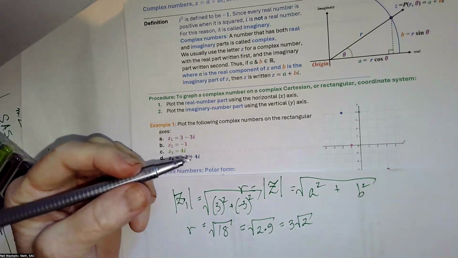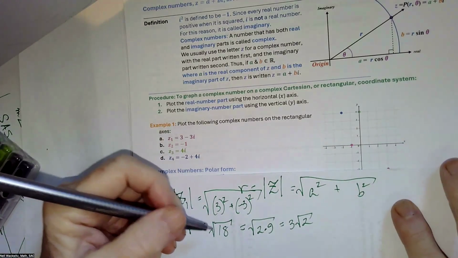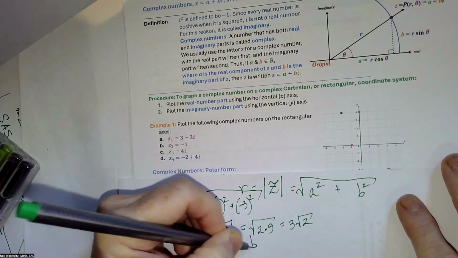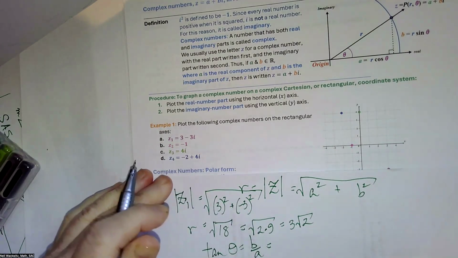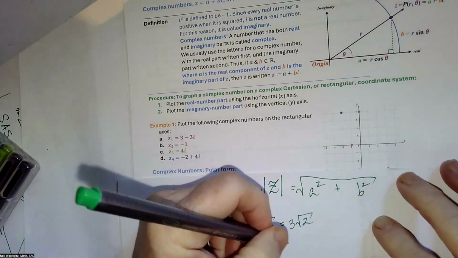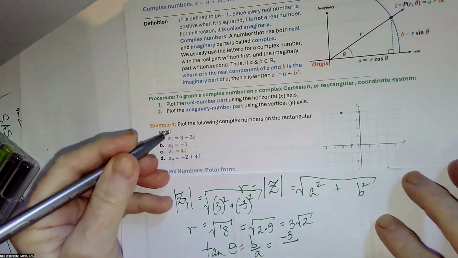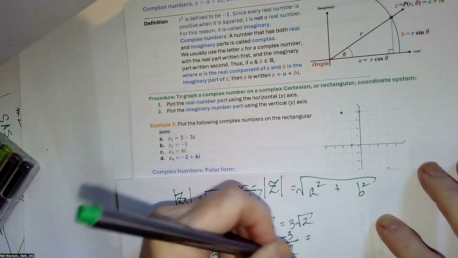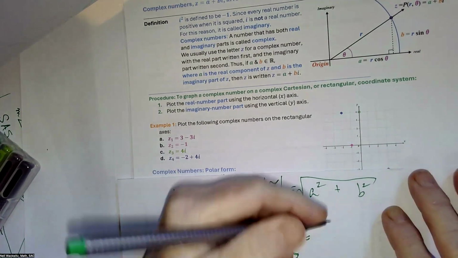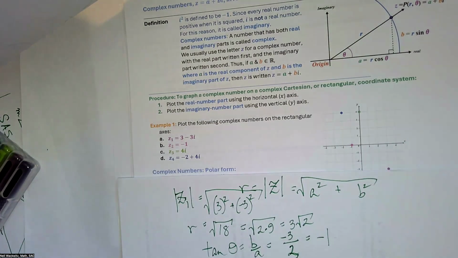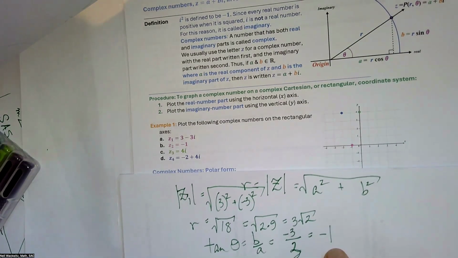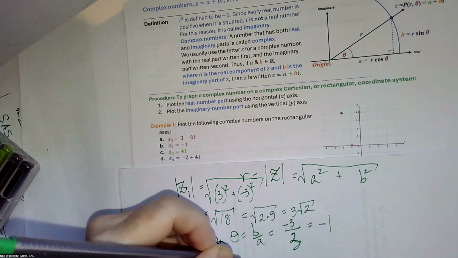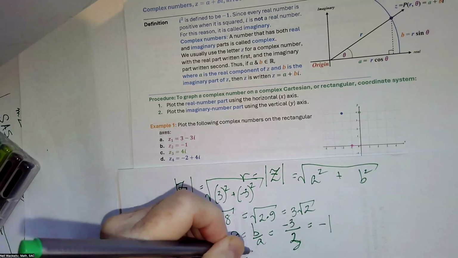The angle, well, let's see. The tangent of the angle will be little b over little a. Little b is -3. Little a is 2. So we get, oh no, little a is 3. Yay. So we get -1. The only angle that has a tangent of -1 is -pi/4 if it's invertible.